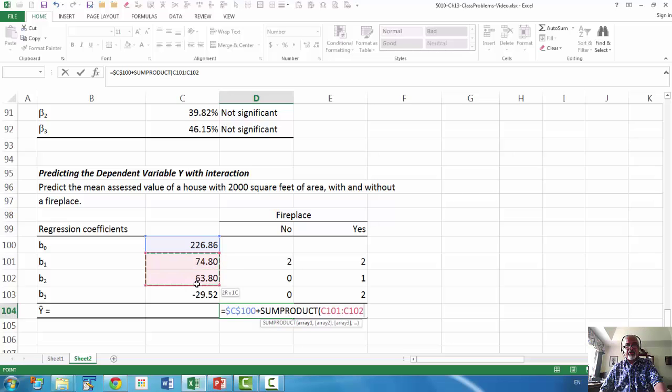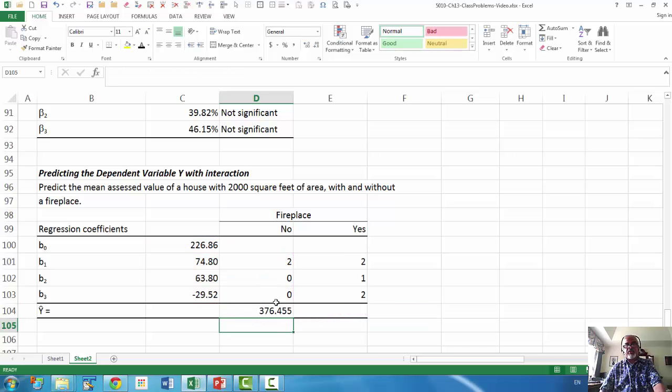We take all three slope coefficients together, make that an absolute reference, and then the three corresponding x values, and that will achieve the same thing as before. So this is how you apply the interaction regression equation for predicting the Y value.